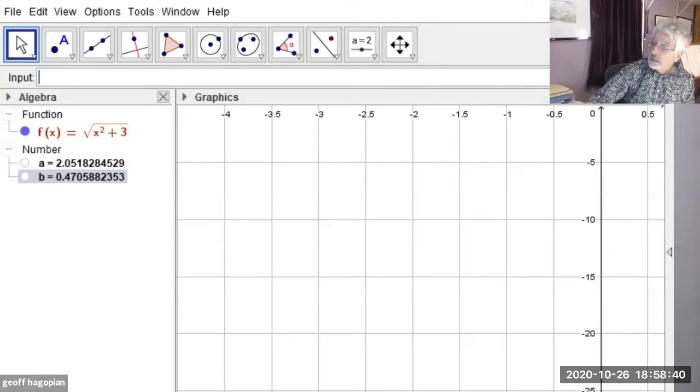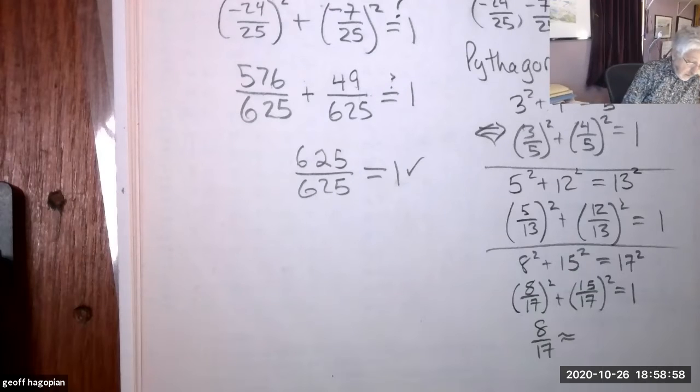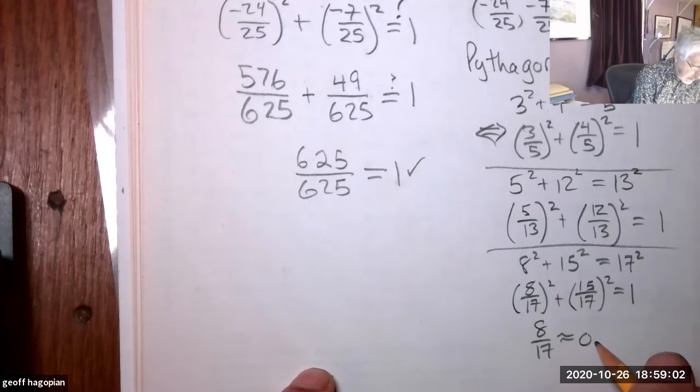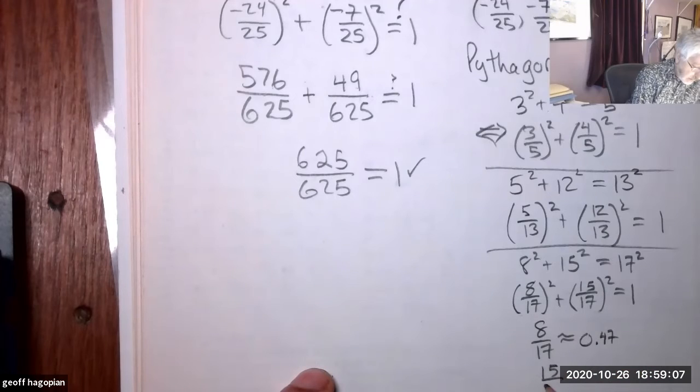Okay. And 15 divided by 17. That's 0.88. Okay. So this is 0.47 approximately to the nearest hundredth, and 15/17 is approximately 0.88.